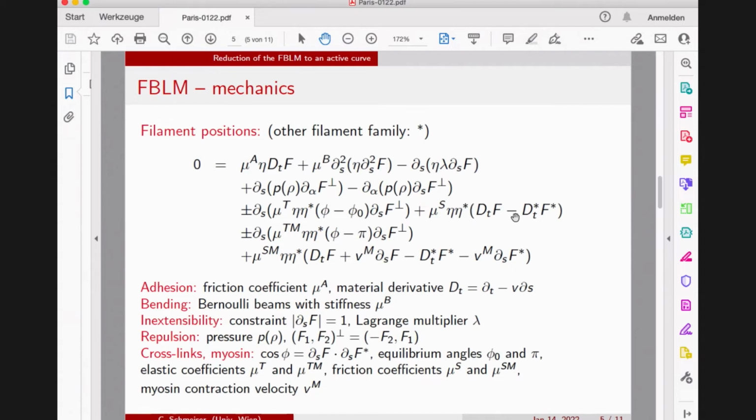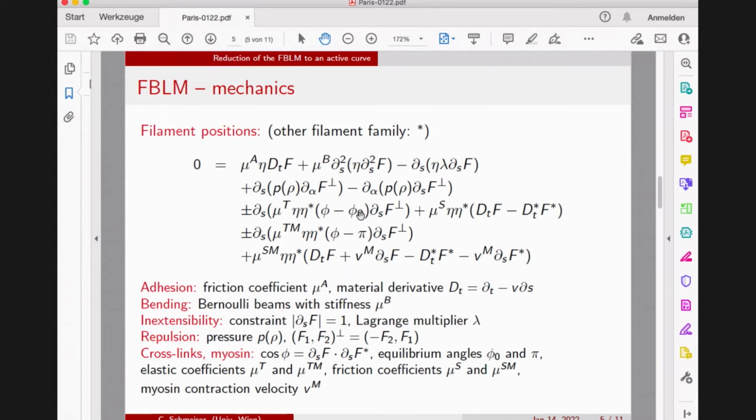So what you see here, for instance, is the friction between the two families that comes again from building and breaking connections between them. This term here is a turning term. So phi is the angle between the two families, and phi naught is an equilibrium angle. And I said there are these 70 degrees, which could be the equilibrium angle for the branches, for instance.